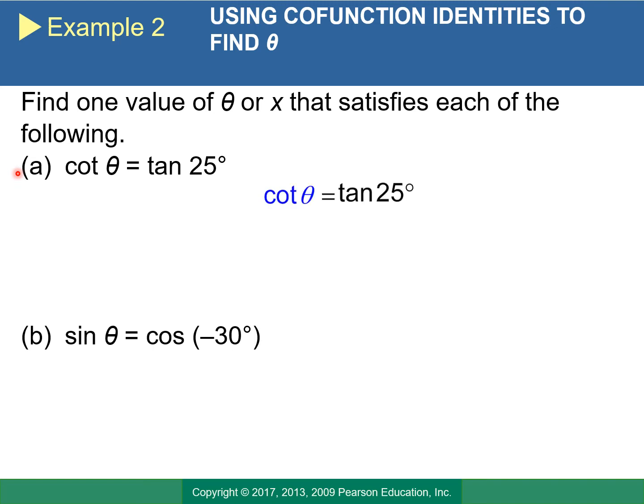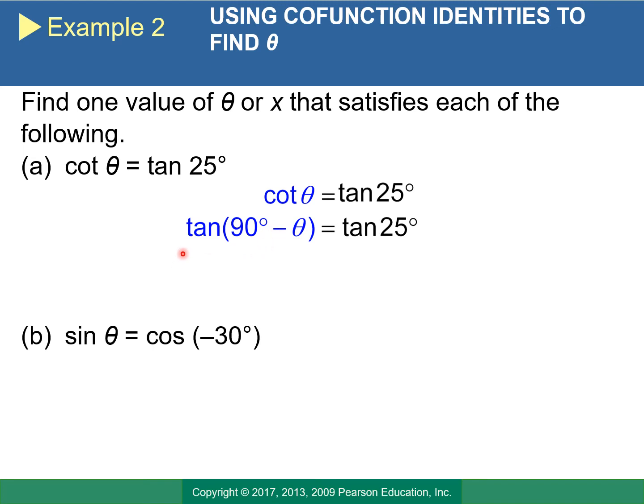So we know that this is true, this was given: cotangent theta equals tangent 25 degrees. But because cotangent and tangent are cofunctions, this cotangent theta is exactly the same as tangent of 90 minus theta, the complementary angle.